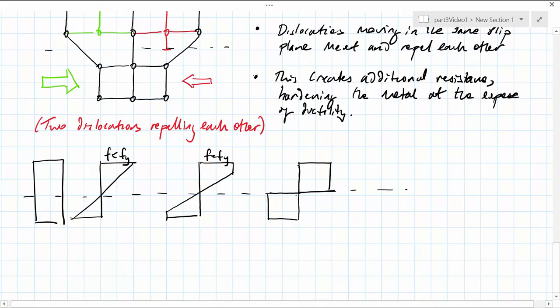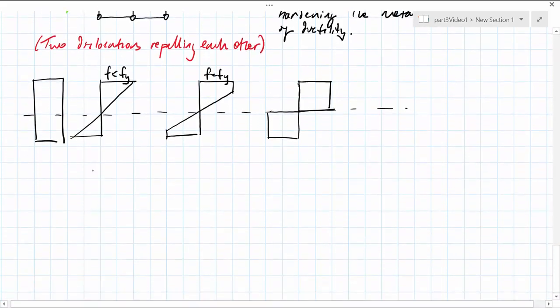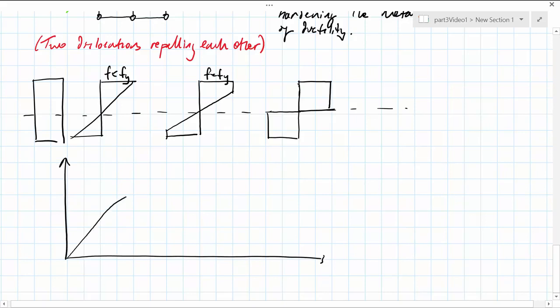Beyond this point, at strains beyond this point, we experience no increase in stress. As a result of this, the stress-strain curve reaches the yield point and then becomes perfectly horizontal.